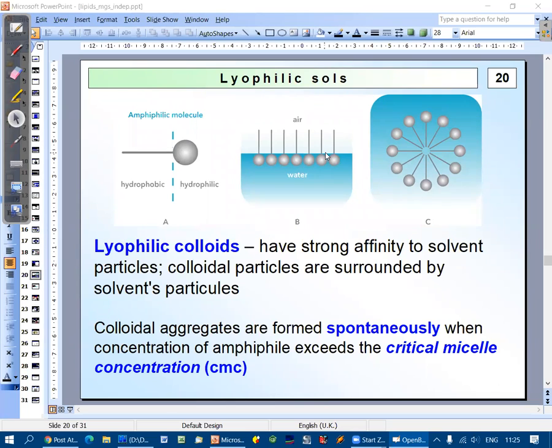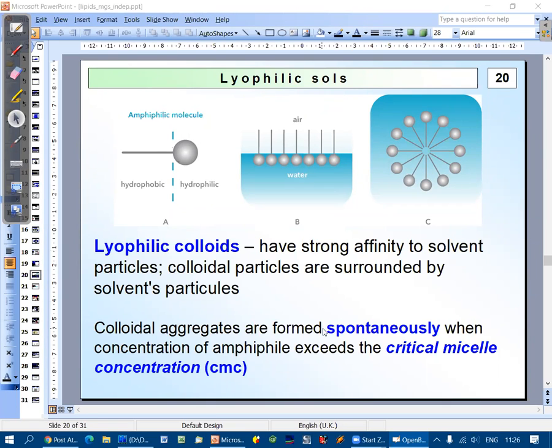But if the length of this non-polar tail is somewhere between 10 and 20 carbon atoms, such compounds will be able to form micelles, and they are called colloidal surfactants because they are able to form colloidal particles.